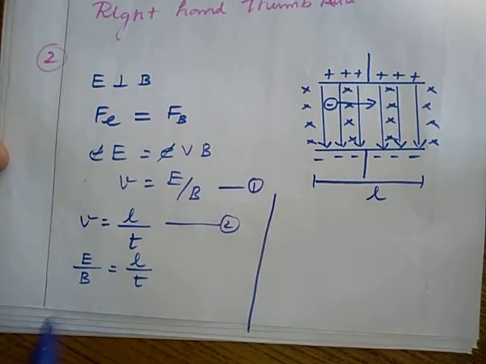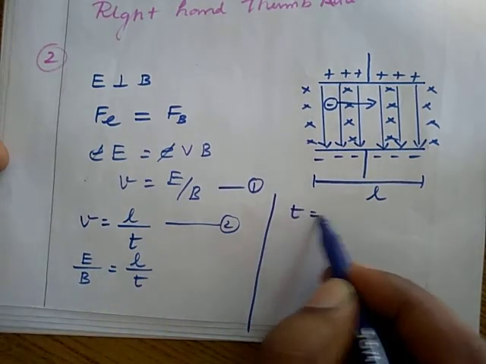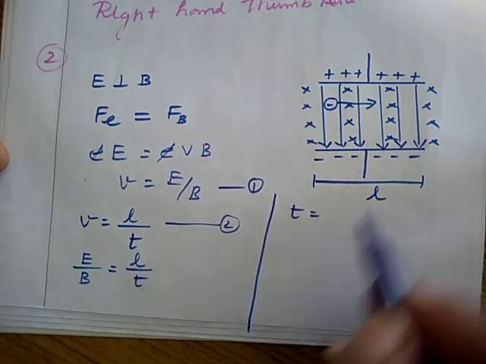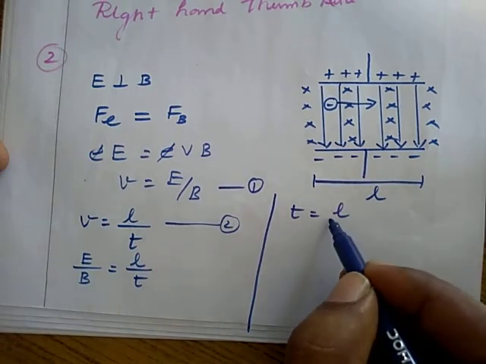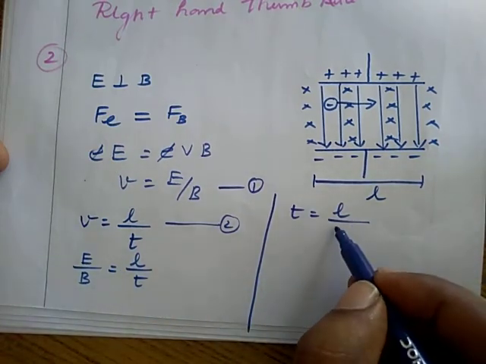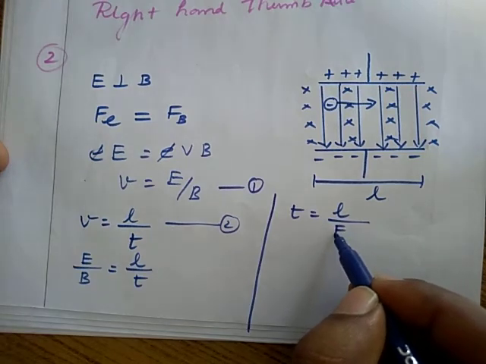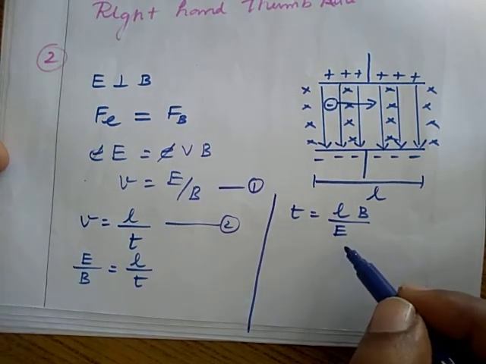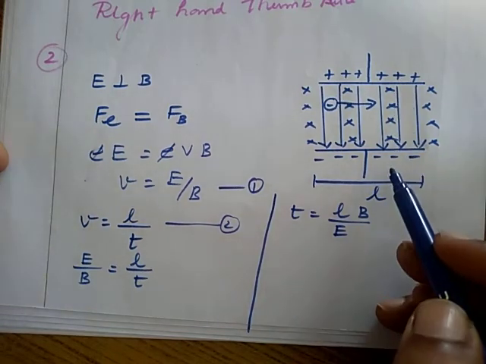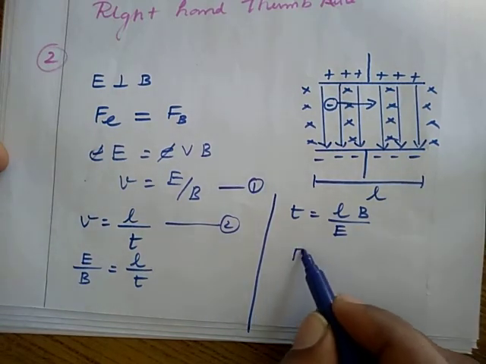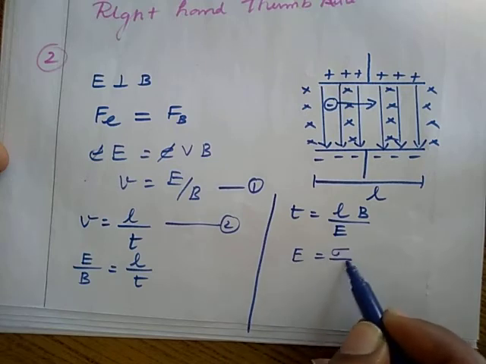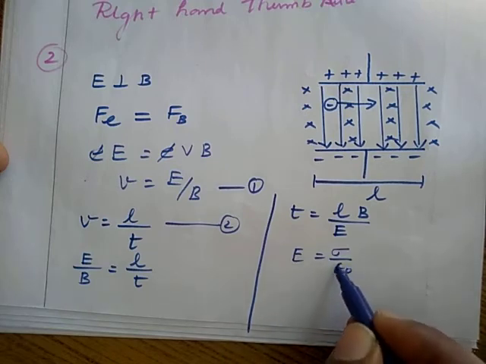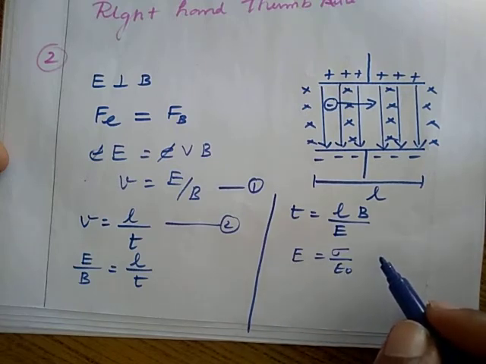Then T is equal to L B by E. We know E is the electric field between the parallel plate capacitor, that is E is equal to sigma by epsilon naught. You studied it in your first lesson, electrostatics.